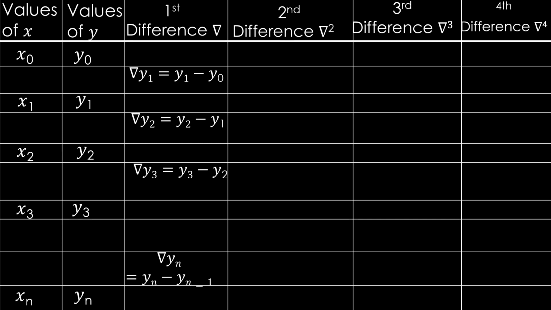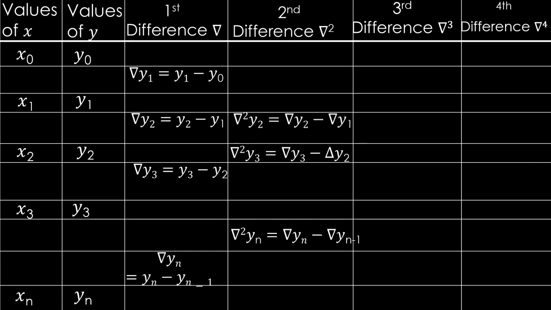The next is the second difference, del square. Again coming from the bottom of the table, it will be del square yn is equal to del yn minus del yn minus 1. Then moving upward, we get del square y3 is equal to del y3 minus del y2, and the next value will be del square y2 is equal to del y2 minus del y1.